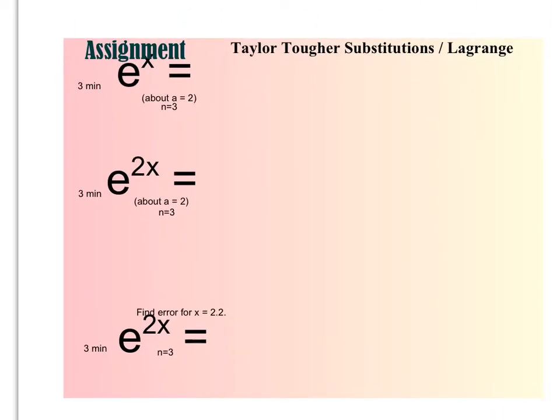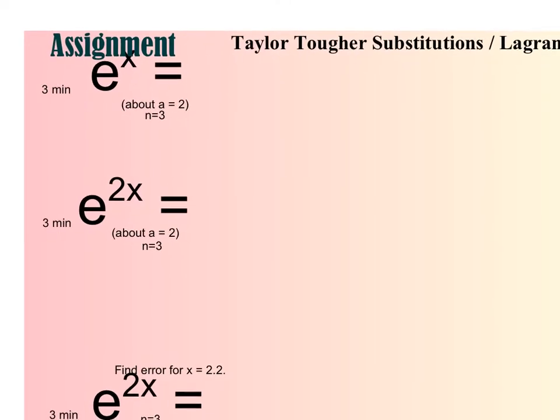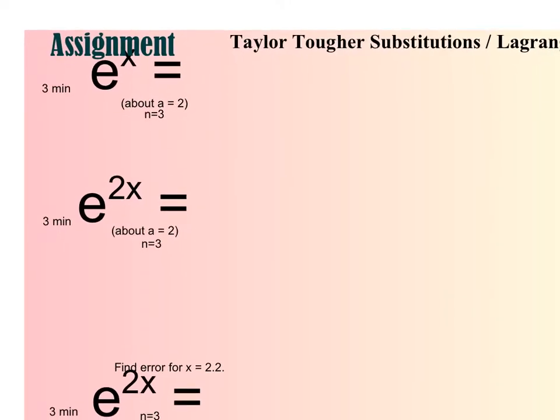Alright, so let's look at some tougher substitutions using a Taylor series centered somewhere other than 0. So let's build e to the x centered at a equals 2, third degree polynomial.